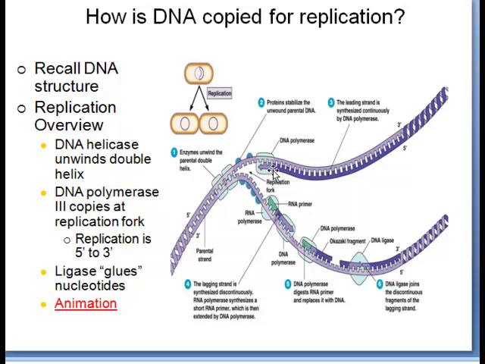If you recall, it always does it from the 5 to 3 end. So the leading strand is shown over here because the DNA can open up from 5 to 3 and it's going in the top direction. On the bottom strand, notice that you have segments forming in pieces, and that is the lagging strand. The lagging strand segments are later glued by the enzyme called ligase, and each segment is an Okazaki fragment.